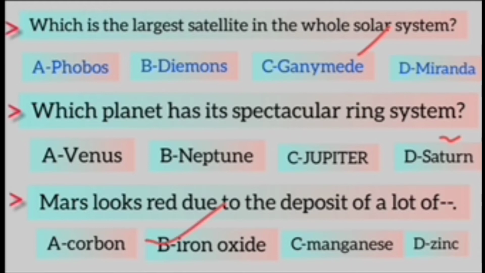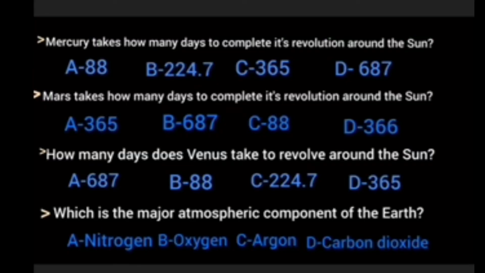Iron oxide. Okay. Mercury takes how many days to complete its revolution around the sun? A. 88, B. 224.7, C. 365, D. 687. Mercury takes 88 days.